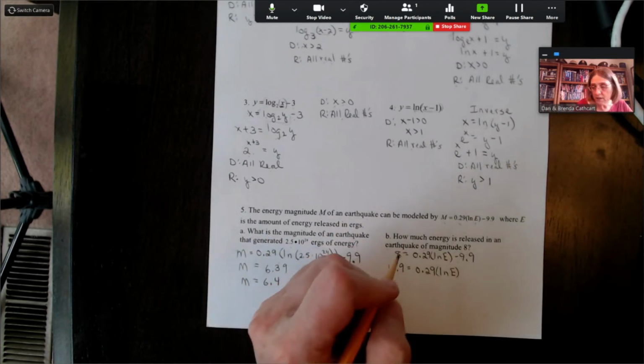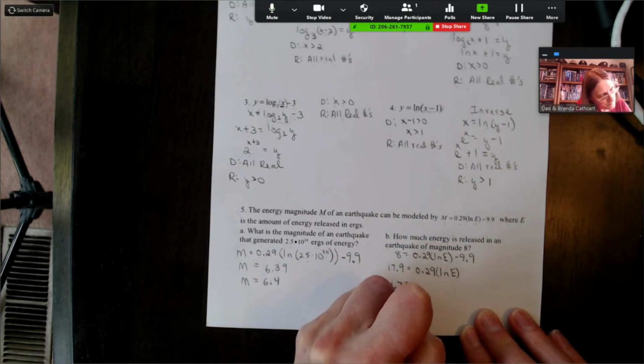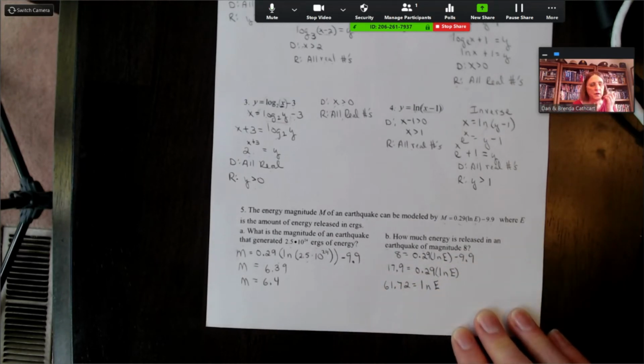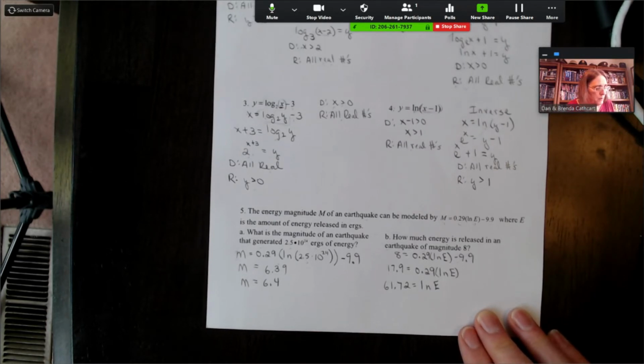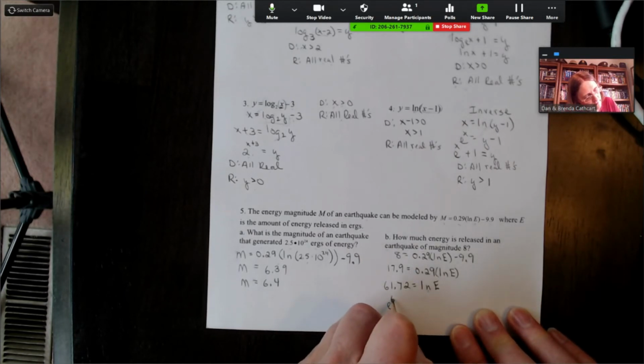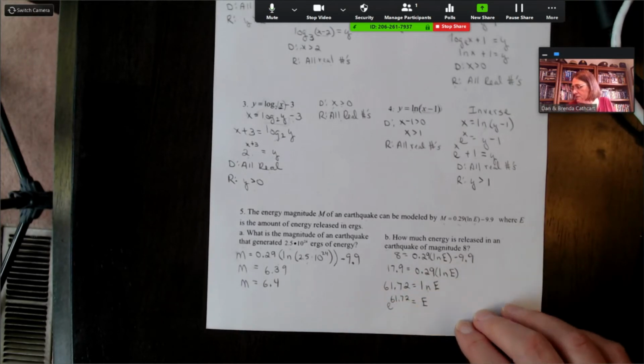And that's going to get us 61.72. It's equal to the natural log of E. Now we need to undo this logarithm, which means we want to write it in exponential form. Our base here is e, so e raised to the power of 61.72 is equal to the energy released.